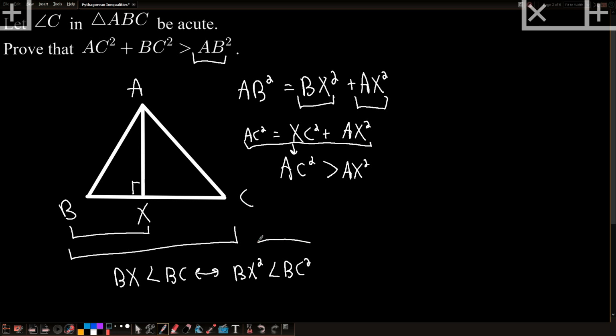Let's put these two facts together. We know that BX squared is less than BC squared, and we have that AC squared is greater than AX squared.